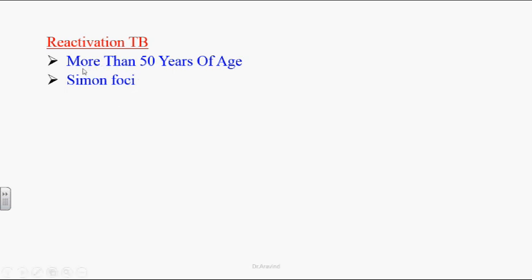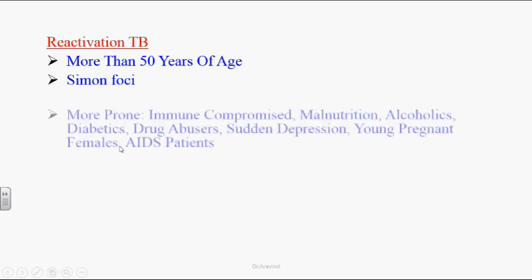Whenever these Simon foci, the organisms present inside these tubercles, are reactivated in immune suppressed individuals or aged people, we call it reactivation tuberculosis. Simon foci are the main cause of reactivation tuberculosis.